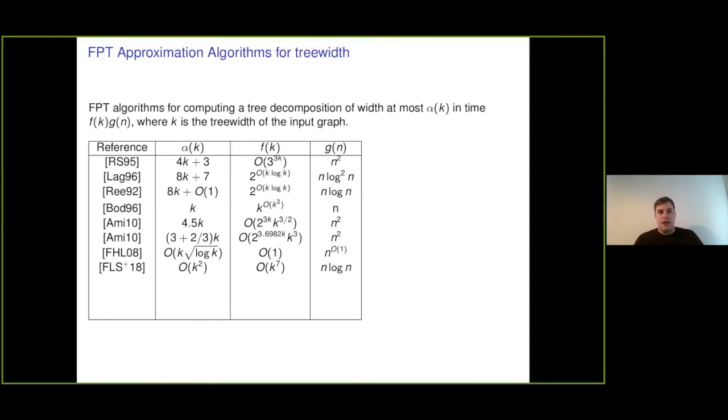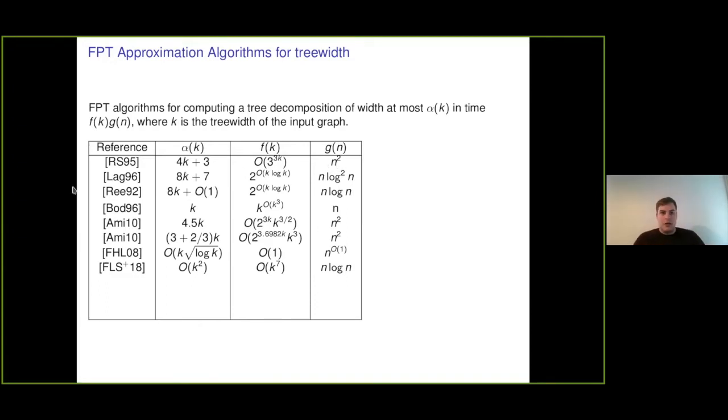But if we just want an FPT algorithm, then we actually can achieve constant factor approximation and single-exponential dependency on k. The algorithm of Robertson and Seymour from graph minors achieves this, but with a quadratic dependency on n.